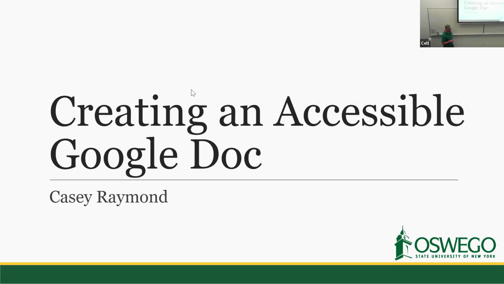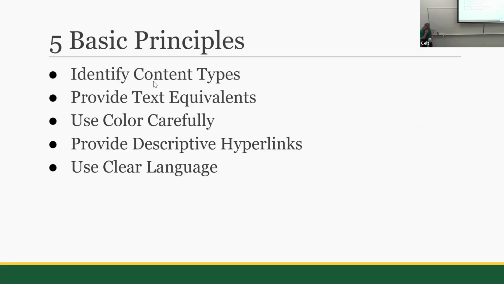During this workshop, I want to start by going through some information and then open a Google Doc and walk through how to do the various items and steps to create something that's accessible.